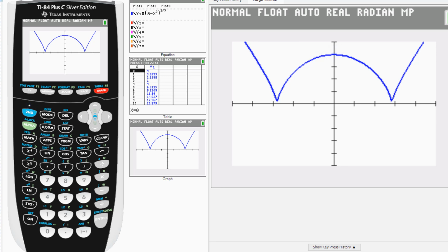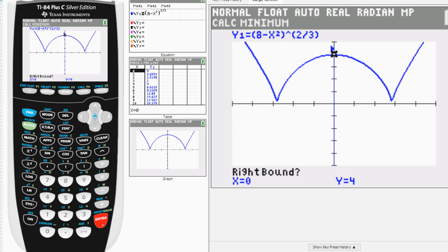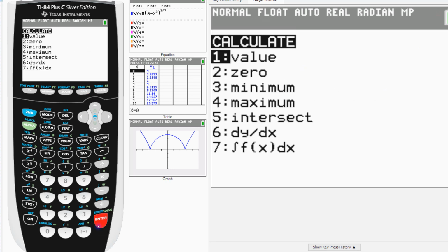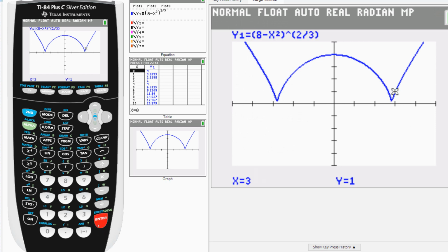Then I hit second trace, value 3, and enter. It puts me there. So there's my 3, 1, and then that would be at my square root of 8. You can check it out: if you type in second trace, value square root of 8, it should give you 0.